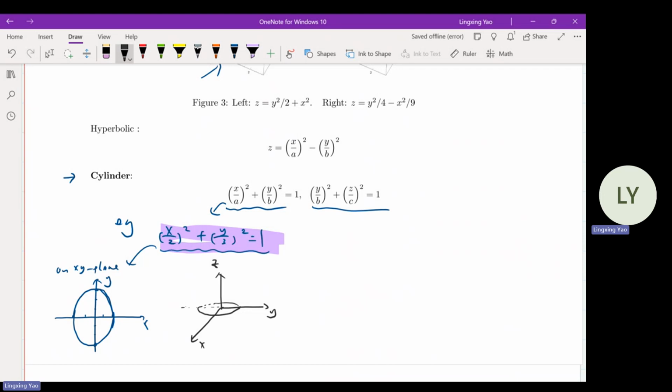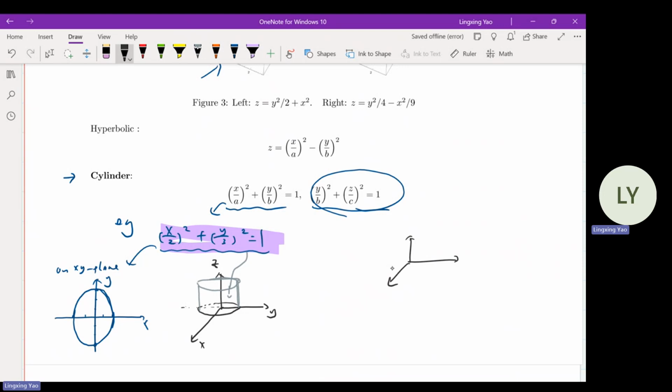Because Z is not restricted, what we are actually forming is a cylinder. So this is representing the cylinder, here the surface. And then similarly, this is a cylinder where the X variable is not restricted. I guess we would have something.